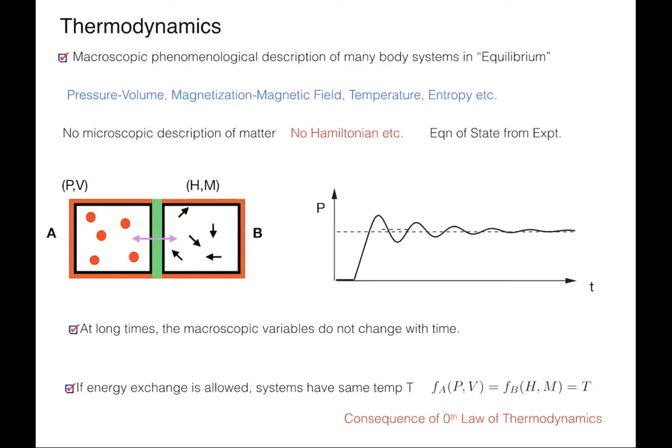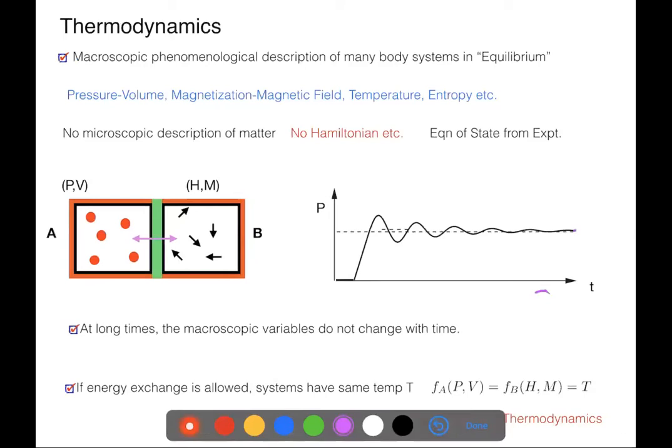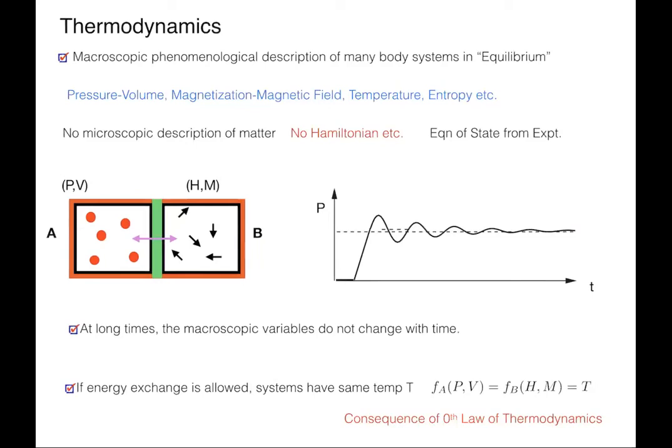Okay, and I allow energy exchange between these two systems, then when I start, the pressure in the gas would start changing. But if I keep this system isolated from the environment, but only allowing energy exchange between the systems, thermodynamics claims that at long times, the pressure will stabilize to some value, the magnetization will stabilize to some value. And so things at long times do not change with time.